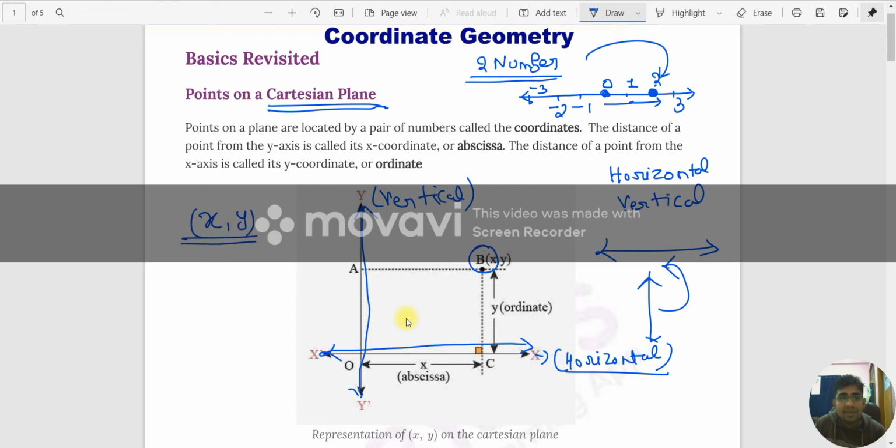This information tells us we have to go x distance on the horizontal line or x-axis. The y coordinate means we have to go a vertical distance of 2, 3, whatever is given in the question. So I am going to show an example here.